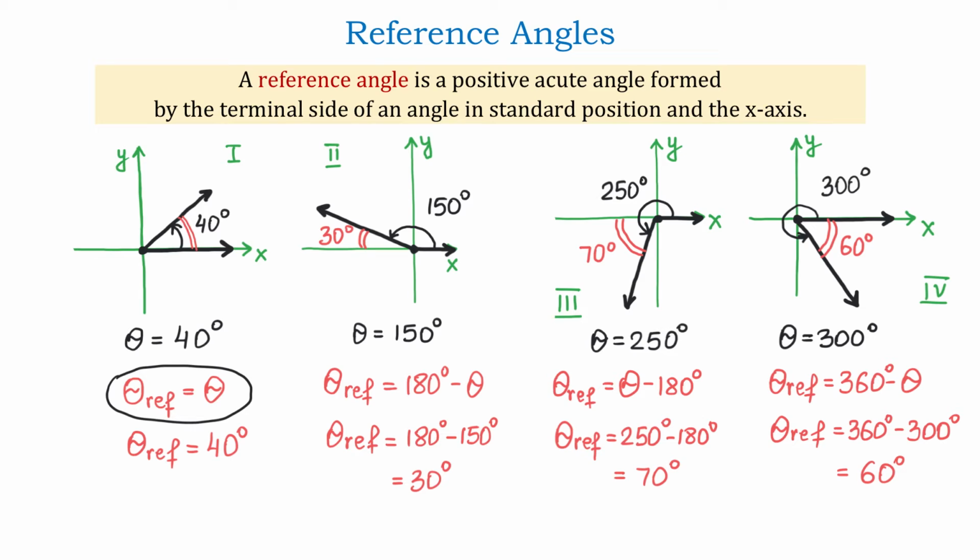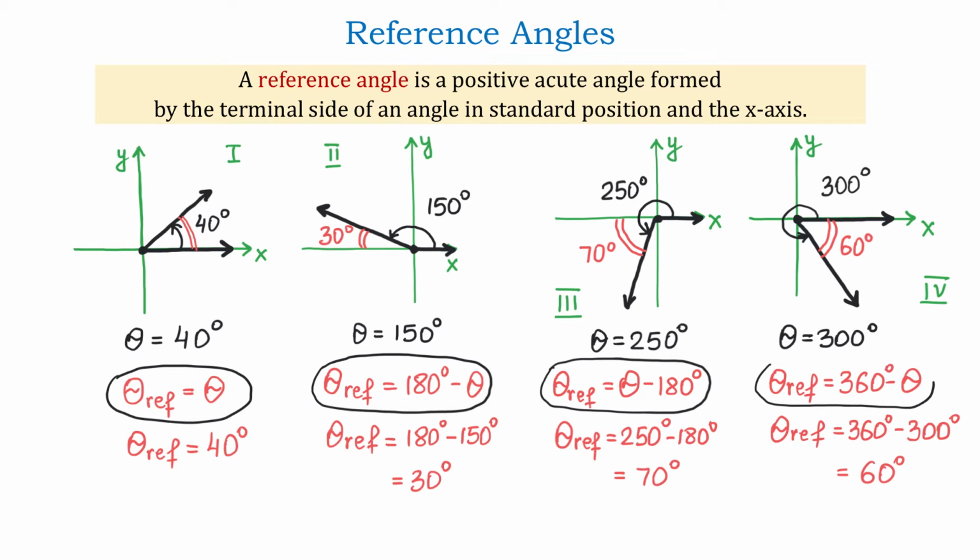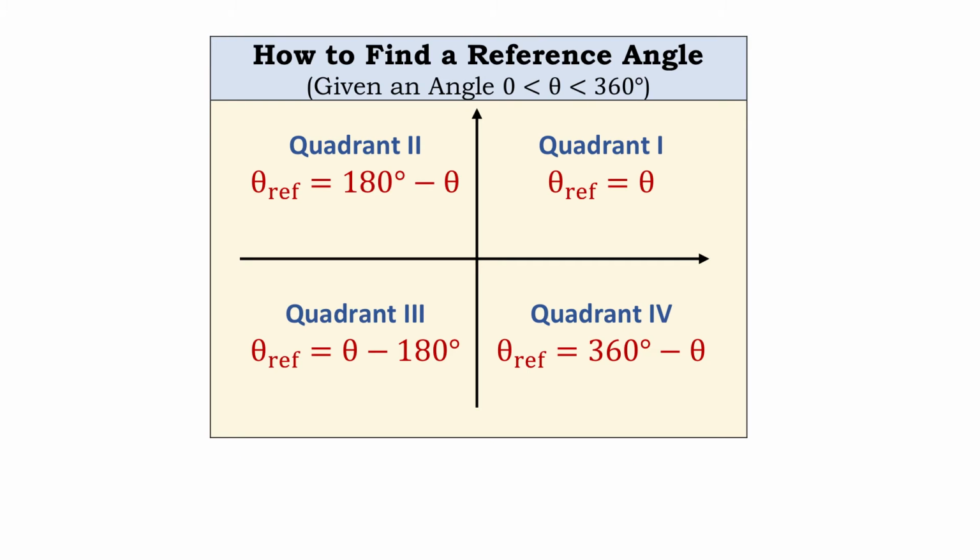In quadrant 2, the reference angle is 180 degrees minus theta. In quadrant 3, the reference angle is theta minus 180 degrees, and in quadrant 4, the reference angle is 360 degrees minus theta. In this diagram, we have these formulas placed in the corresponding quadrants.